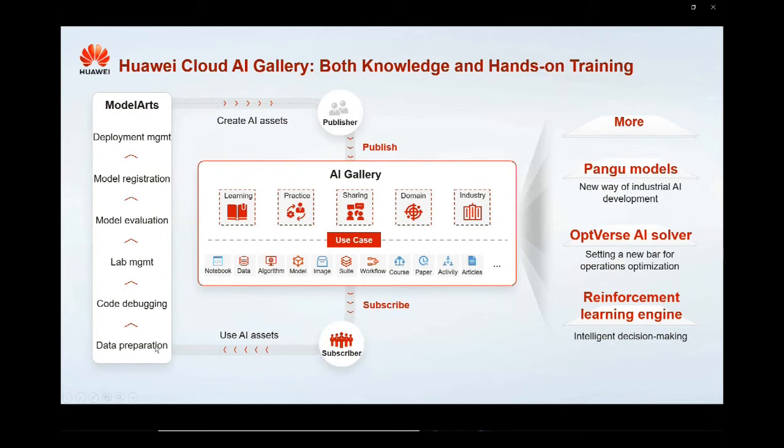You can do some debugging, labeling, management, and model evaluation, and in the end, you can deploy your model here. So the AI gallery is a very big project, and we welcome you to use it and to share your AI assets here.